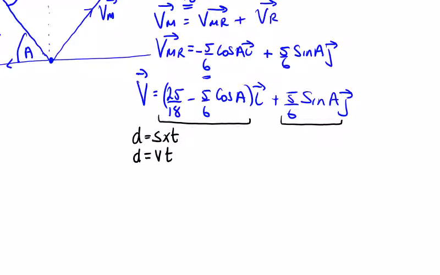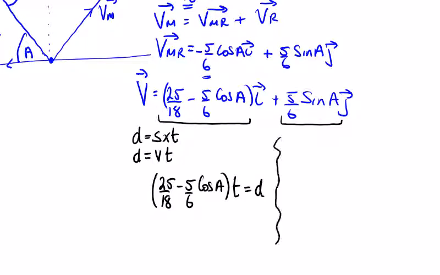Let's use this just firstly, 25/18 in the I direction to see what we get, minus 5/6 cos A. Velocity by time is equal to distance. Okay, so we have a few unknowns there. And velocity 5/6 sine A by time is equal to distance, and we do have the distance in the J direction.